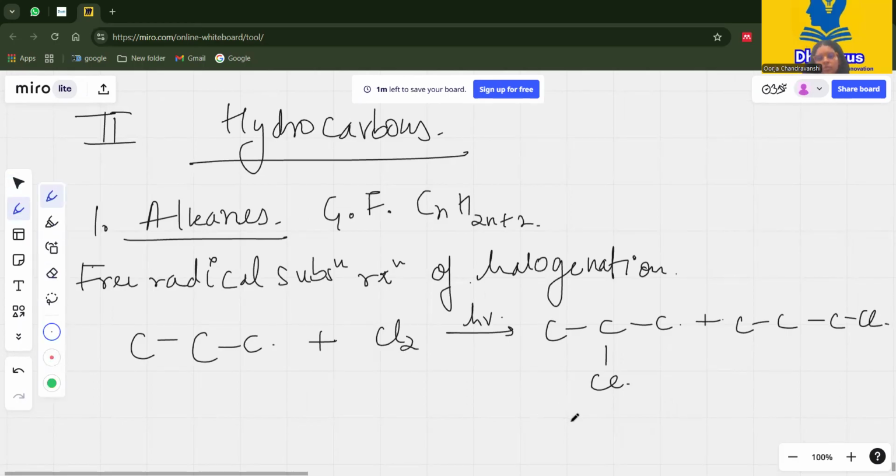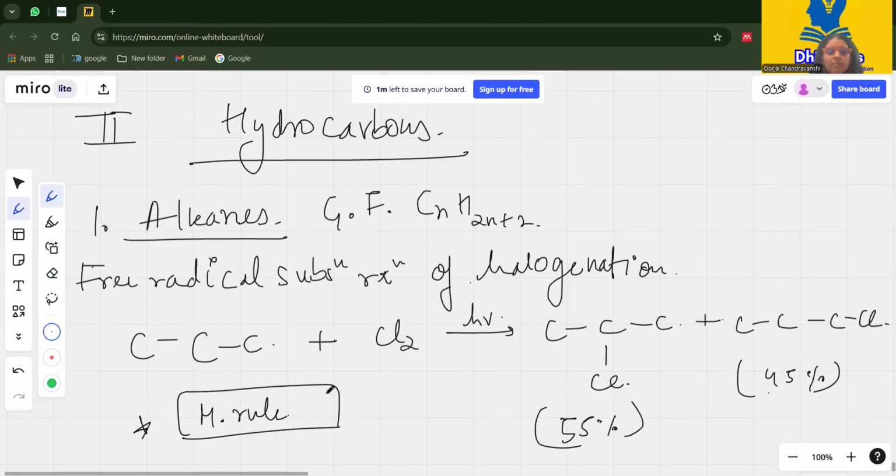As some of you may be able to tell, this will be a major product. For example, suppose this has 55% presence and this has 45%. What is the reason for this? Look into something called the Markovnikov rule. Markovnikov rule will tell you. Let me spell it out.